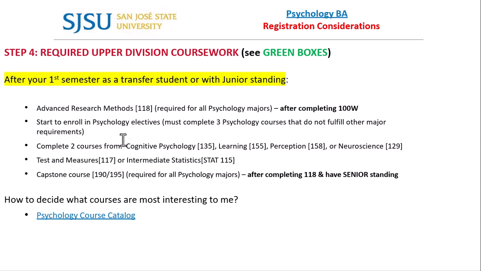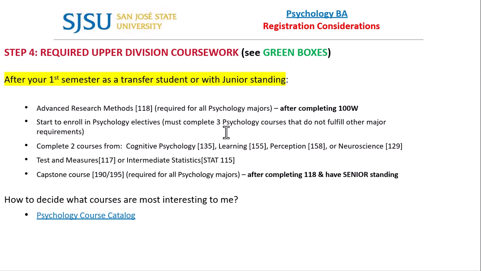Then you need to start thinking about your psychology electives. As I said before, all psychology majors are required to complete 3 psychology electives. Psychology electives are courses that do not fulfill other major requirements.